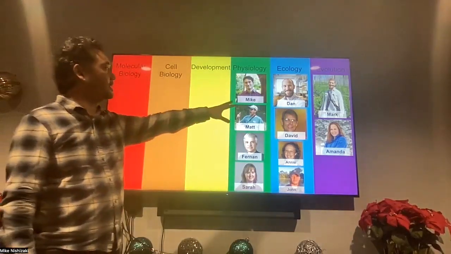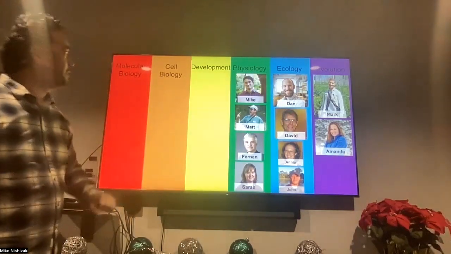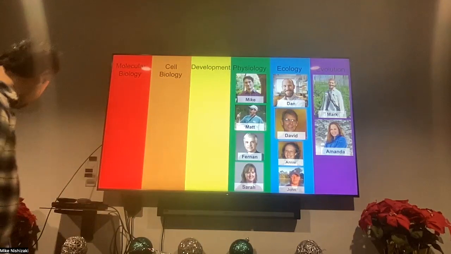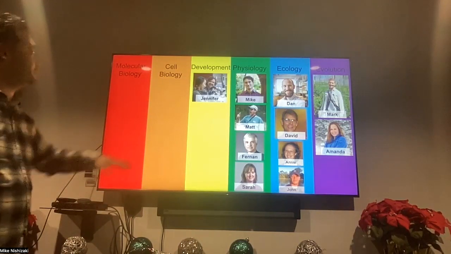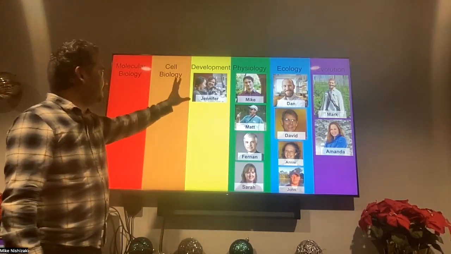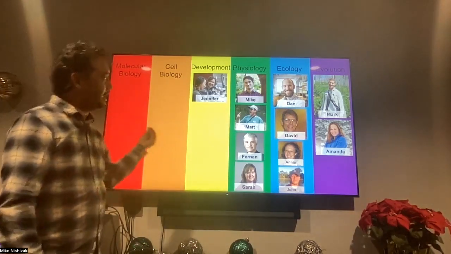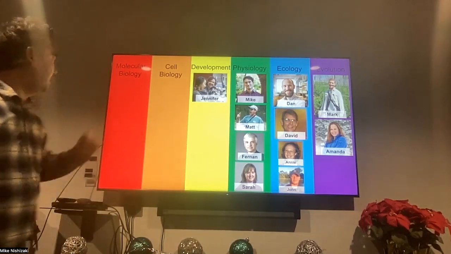So you've got people who work in ecology and evolution at the large scale. You've got someone like me who does ecological physiology, so I'm kind of in the middle there. And then we've got someone like Jennifer Wolf, who does developmental biology, how organisms go from a fertilized egg all the way up to an adult.